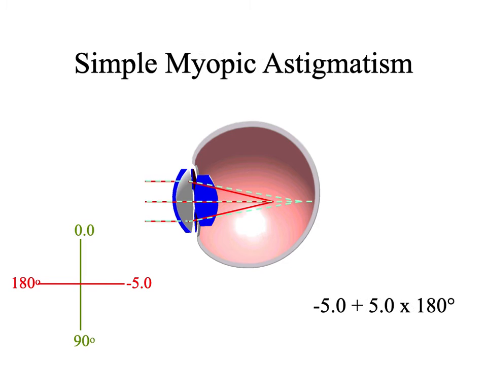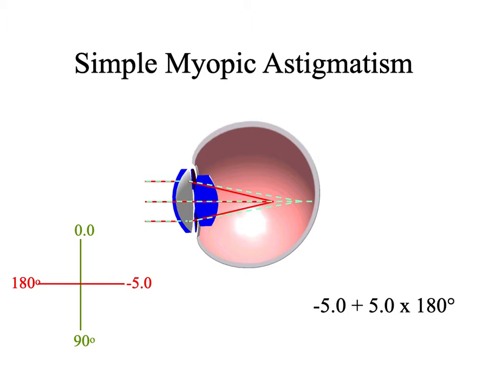Well, what about this patient who is -5 plus 5 axis 180? So I've drawn the total power cross to the left, and we can take a horizontal section through the eye, and we'll see these red lines that are drawn. You can ignore the dotted green lines.